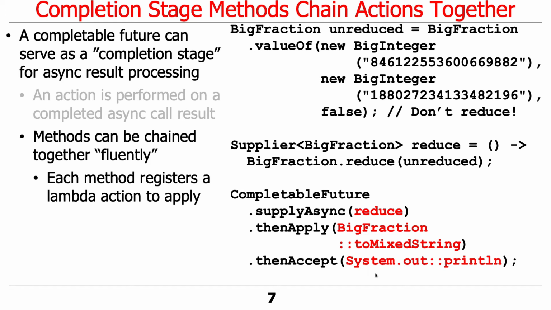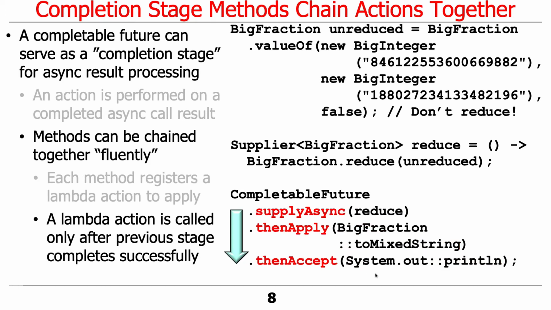So what's happening here is each of these completion stage methods, supplyAsync, of course, is a factory method, then thenApply and then thenAccept are completion stage methods. What they're doing is registering lambda actions to apply or to perform when the previous stage completes. And a given action is only called when the action at the previous stage that's running asynchronously has finished and has yielded a result.